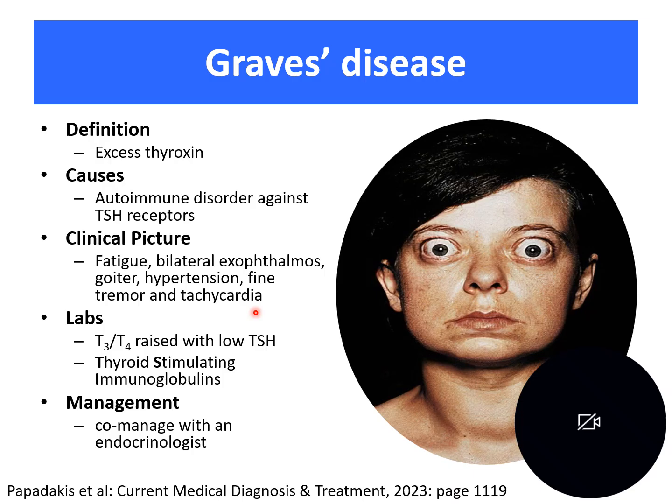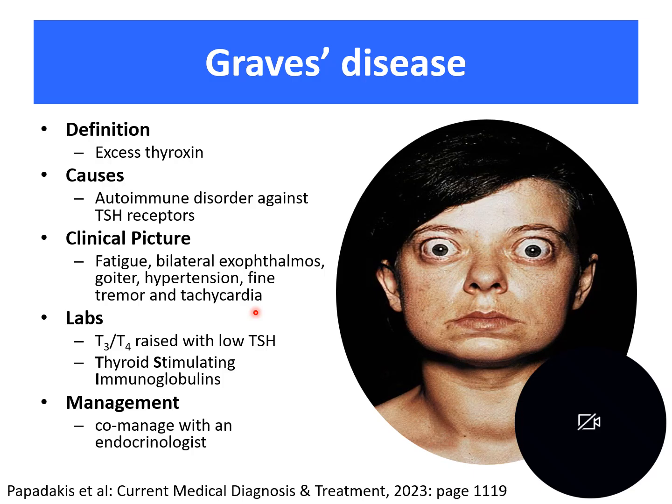There's going to be a fine tremor, especially noticed in the hand. What you do is you ask the patient, and if you're looking at me in the class right now, you're going to ask the patient to raise their hands out straight like this, on level with the shoulder. Fingers are going to be straight out, and you might be able to see a fine tremor.